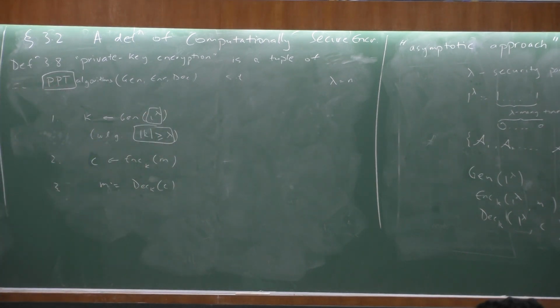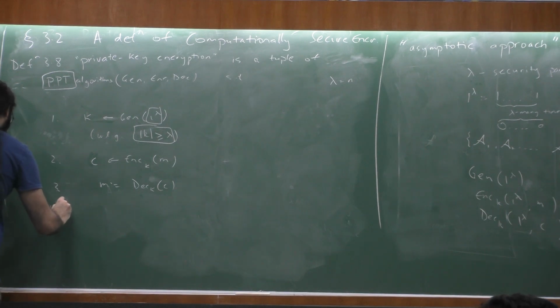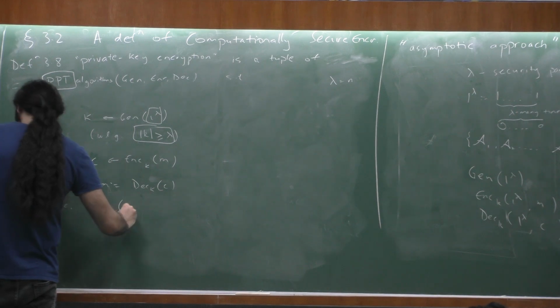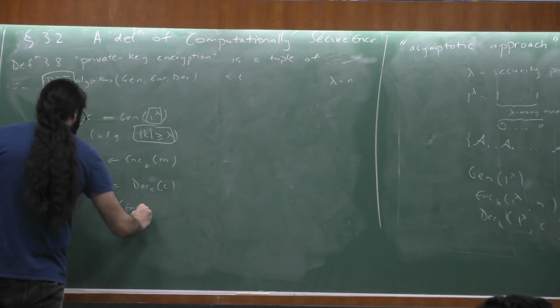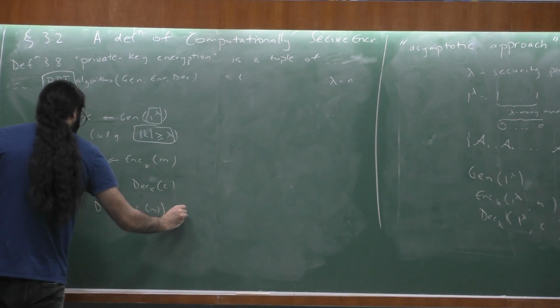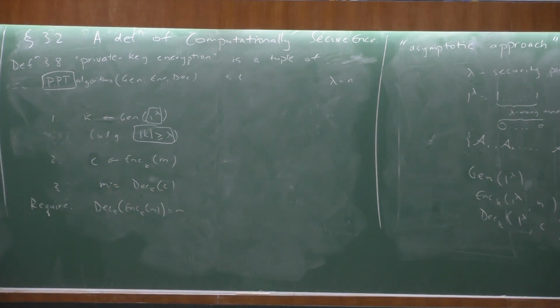Everything else is essentially the same as we had before. And you require the correctness condition, that decryption of encryption of m gives you m.